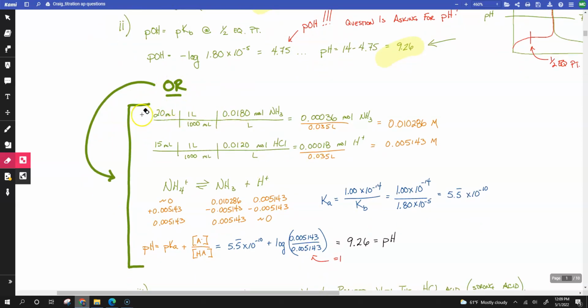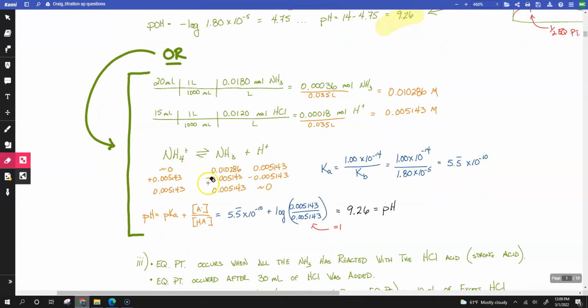So what you want to do is take the volume of your base, or whatever your weak is, and find out how many moles. Take the volume of your strong, in this case strong acid, and find out how many moles you have. Remember that early in the question it said that the volumes are additive, so 20 plus 15 equals 35. Convert that to liters, that gives you your molarity.